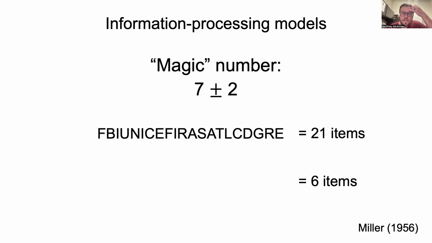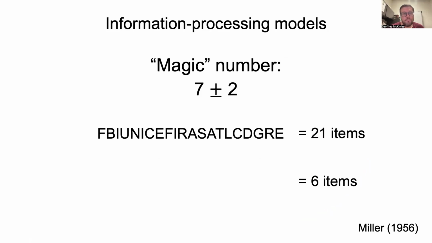And with this in mind, George Miller in 1956 discovered what he called the magic number. He was trying to figure out the capacity of the human mind, and he found that basically it's about 7 ± 2.